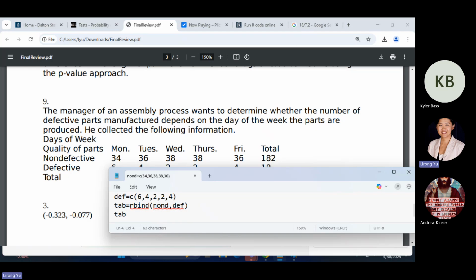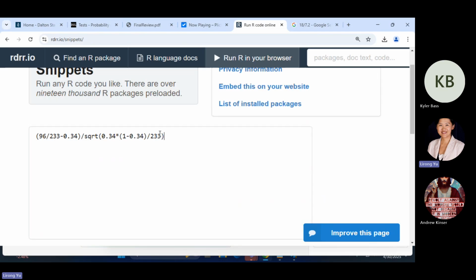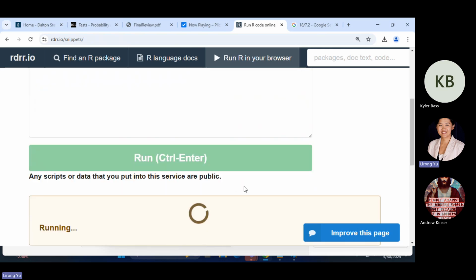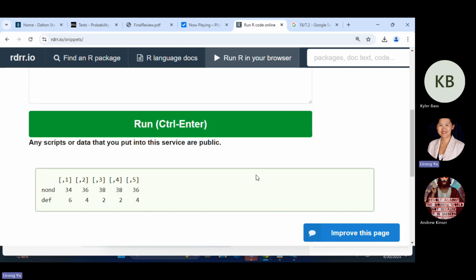After we do that, you can look at how it looks in R. That's going to be our input data for the chi-square test. I'm printing out tab, which really means the table, for us to see what was entered. It's a very similar table, except I didn't put the titles in, so the computer automatically assumes the notation for the first column, second column, third, fourth, and fifth column, which could be Monday, Tuesday, Wednesday if you want to identify the day.